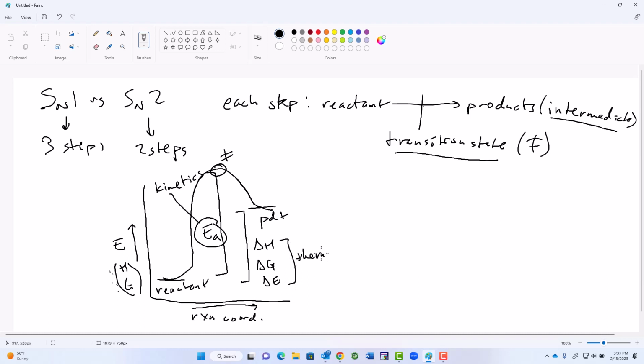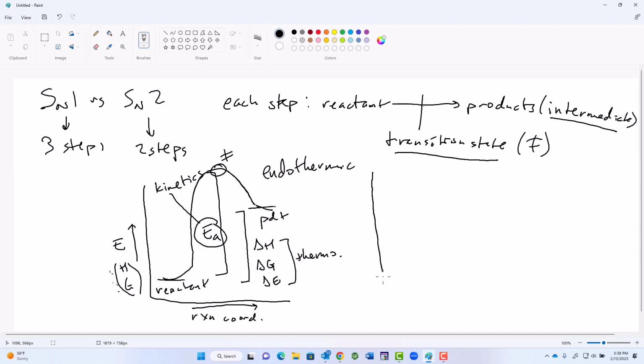So kinetics, our activation energy, will tell us the speed of a reaction, and the difference in energy between the reactants and the products will tell us whether something is thermodynamically favorable or not. Remember, in a case like this, where the products are higher in energy than the reactants, we would call this endothermic. And if the opposite was true, we would call it exothermic.